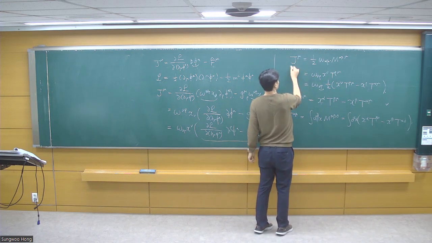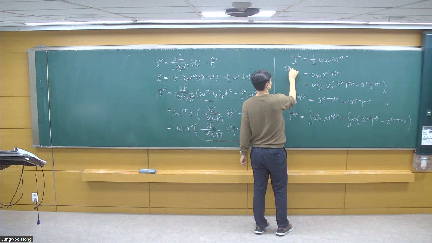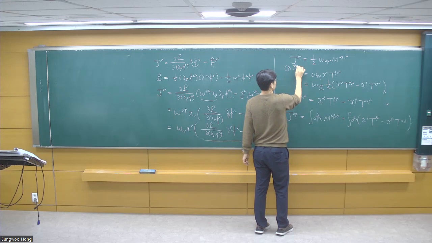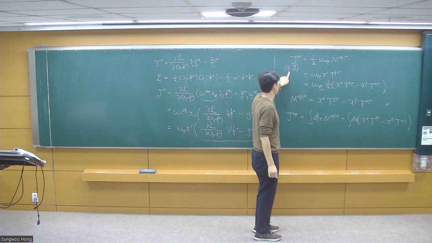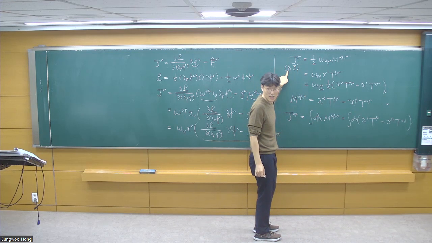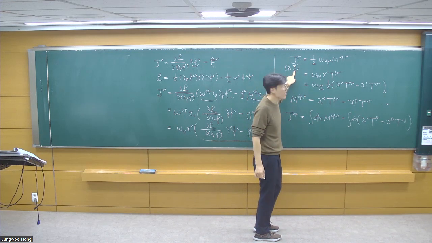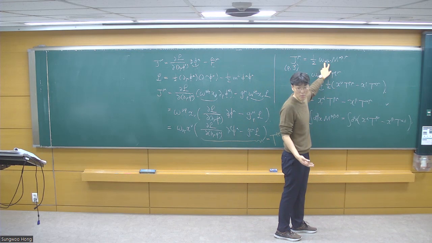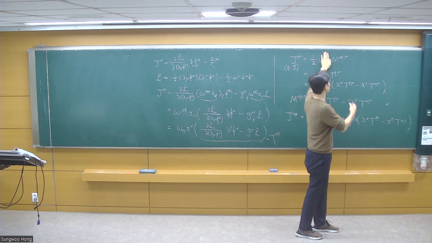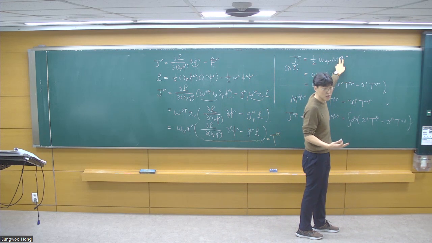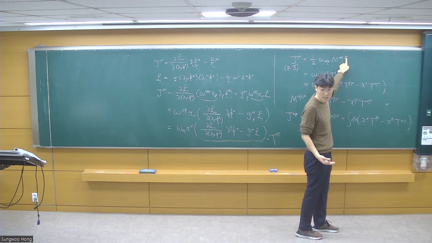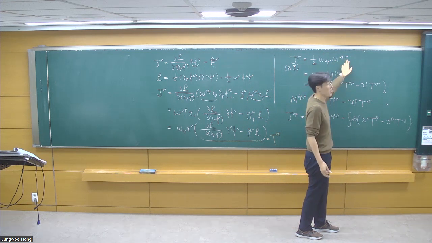The zeroth component of that is called the charge density, and the spatial component is the actual current. So the mu tells me whether I'm talking about the charge density or the current. Alpha beta tells me which transformation I'm performing. So here, the first index tells me which transformation I'm performing, and as a result, which conserved object I'm looking at, whether charge density or current. There are a lot of indices, but each of them has a separate meaning.